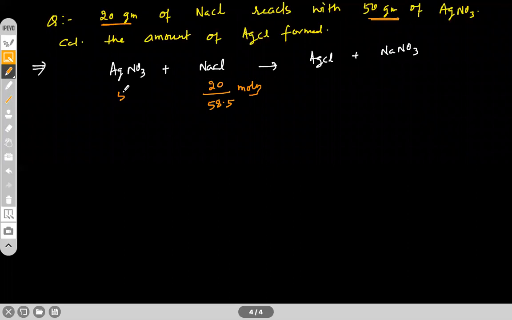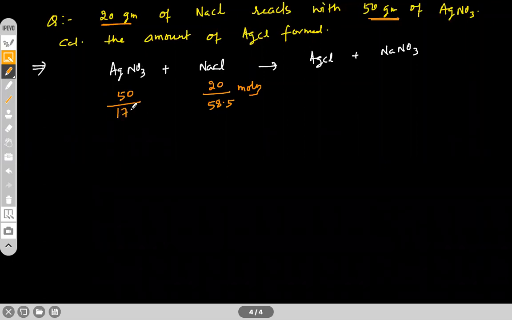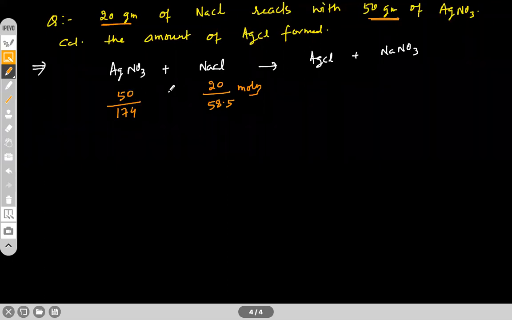AgNO3 is 50 gram divided by the molecular mass of AgNO3, which is 108 plus 48, that is 156. 156 plus 28 will be 174. Oh, I'm sorry, it is 170.